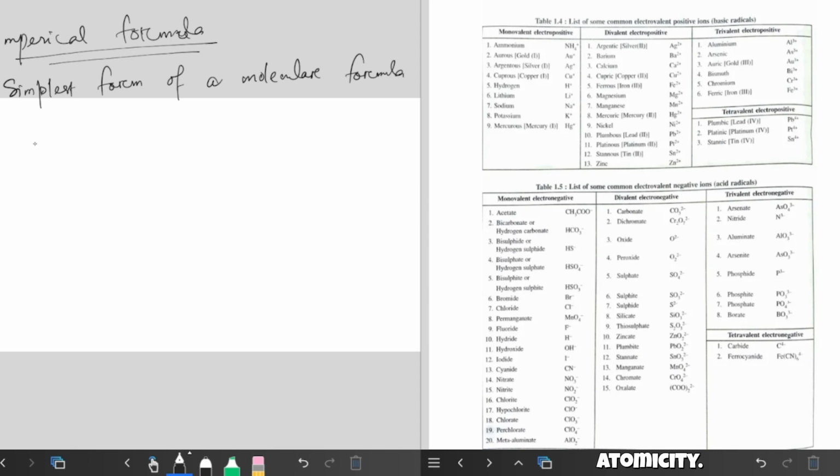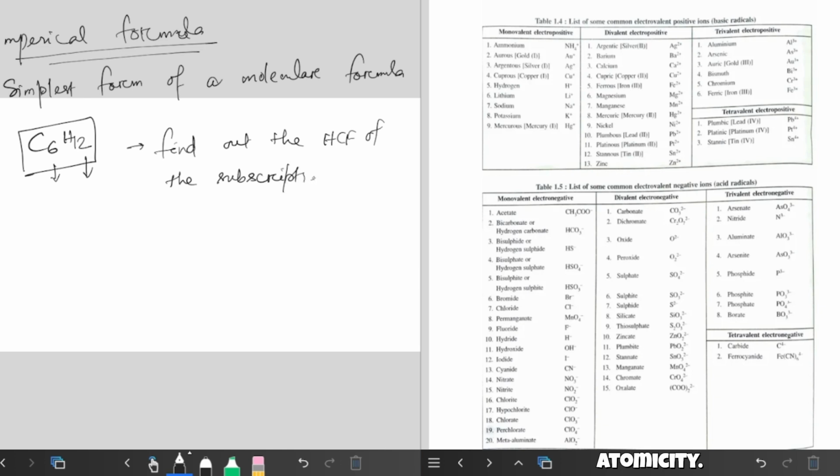That means, let's say C6H12. You see, this is a molecule, right? And these are the subscripts. So the first step is to find out the HCF of the subscripts.